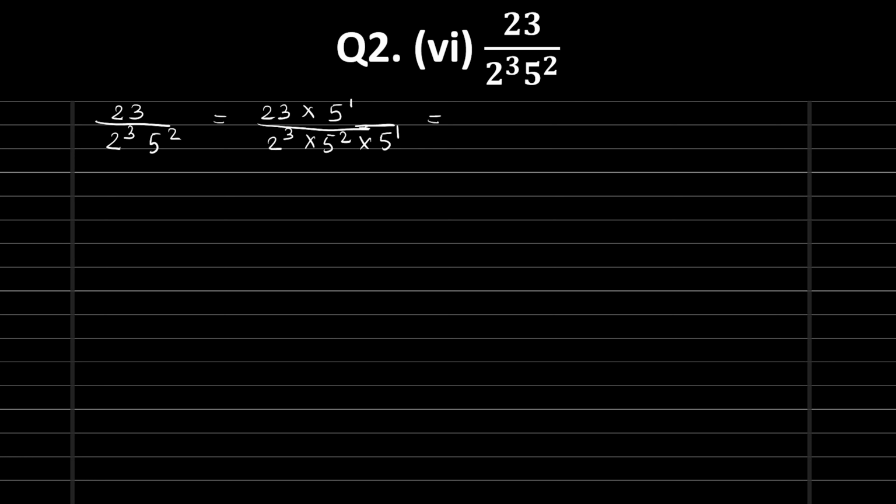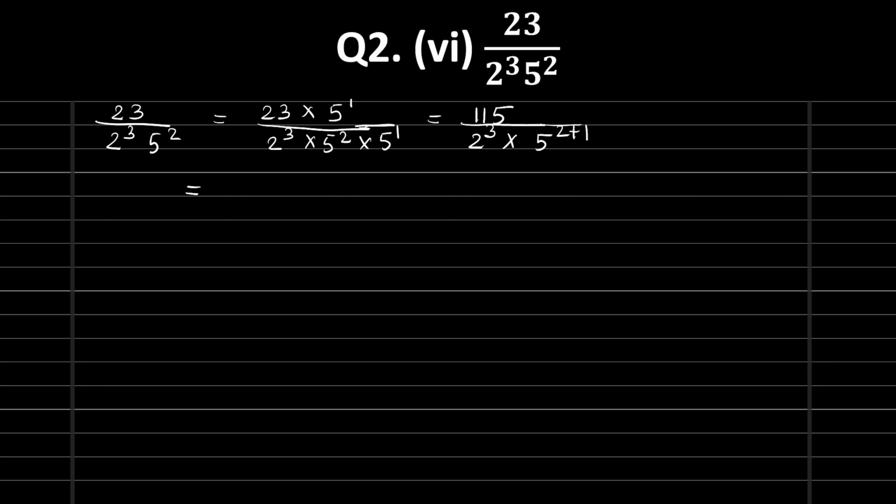So now 23 into 5, that is 115. And in the denominator, we will have 2 raised to 3 into 5 raised to 2 into 5 raised to 1. That is 5 raised to 2 plus 1. If the bases are same, the exponents will get added on multiplying, right?